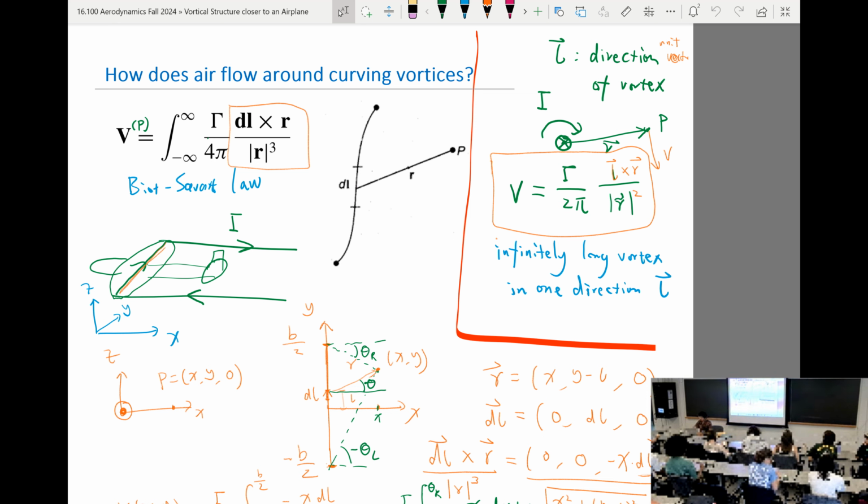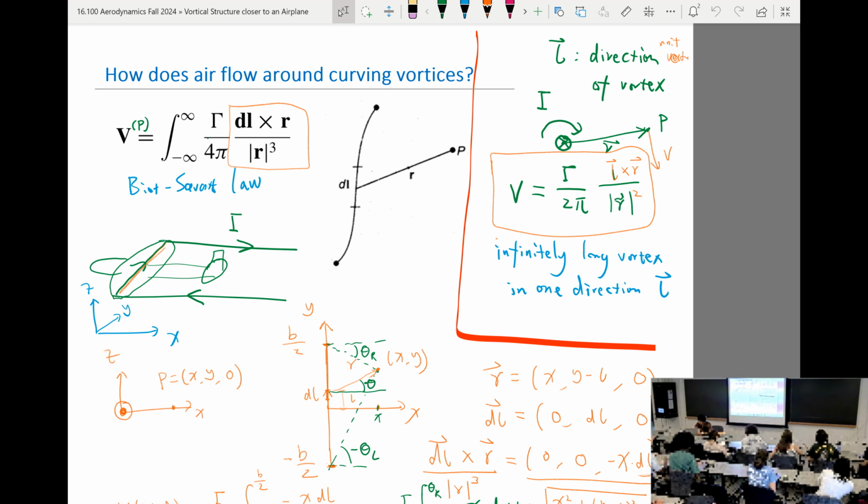Now we have to integrate, right? We have to multiply by this constant. Gamma is a constant, remember, like over 4 pi is also constant. So v at this x and y location induced just by this part of the vortex would be an integral.